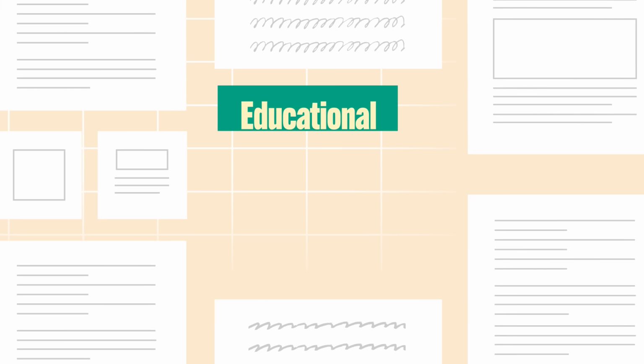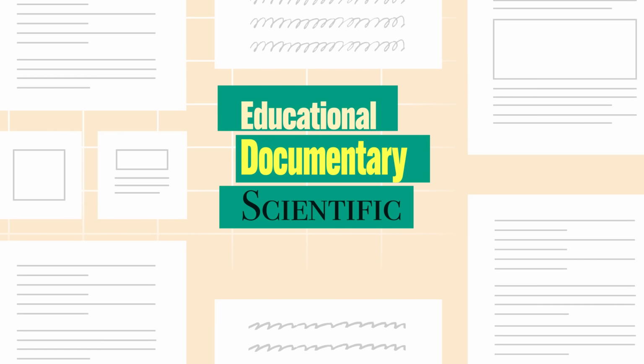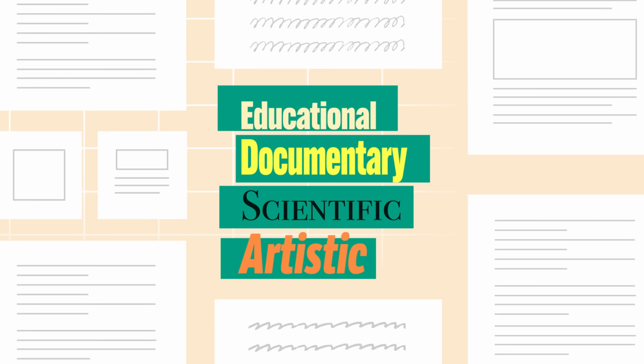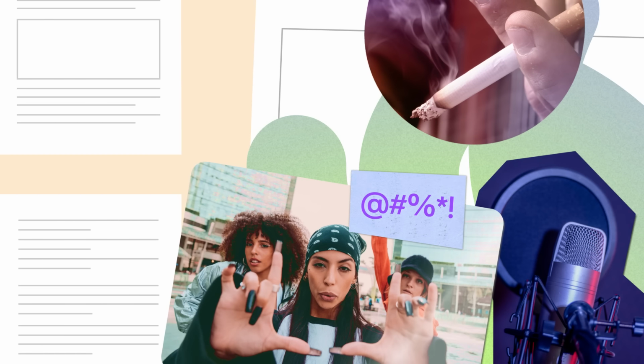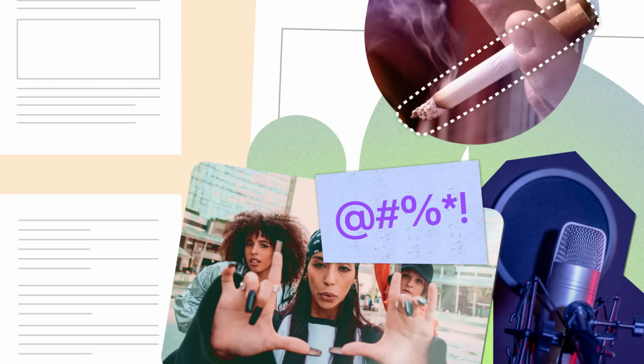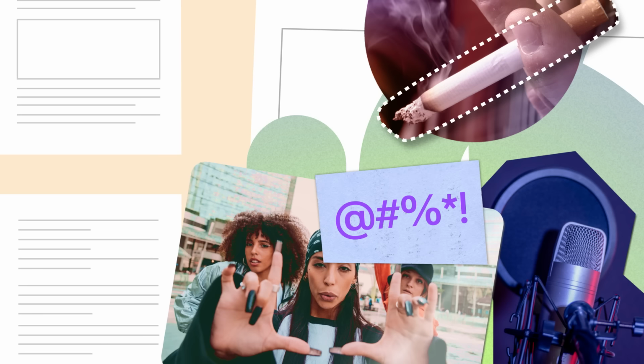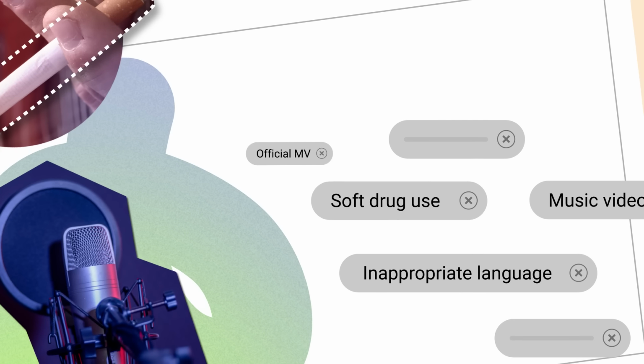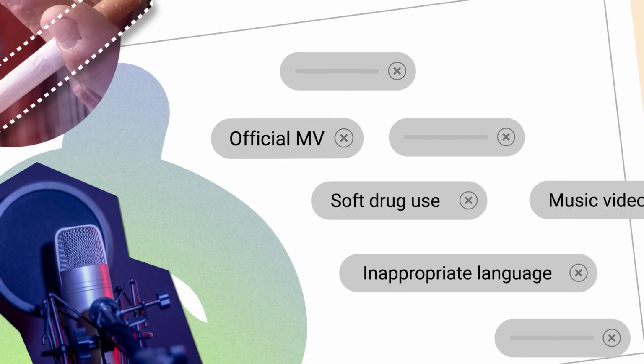If there's an educational, documentary, scientific, or artistic value, that may change the video's suitability for advertisers. For example, artistic content like music videos may contain elements like inappropriate language, references to soft drug use, or non-explicit sexual themes, but still be suitable for advertising. Adding context helps us make the correct monetization decision.